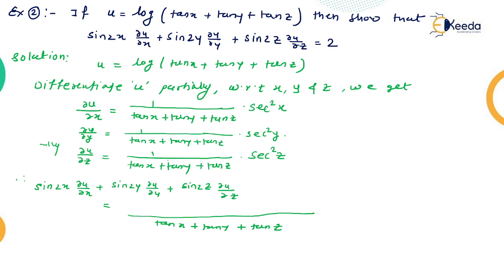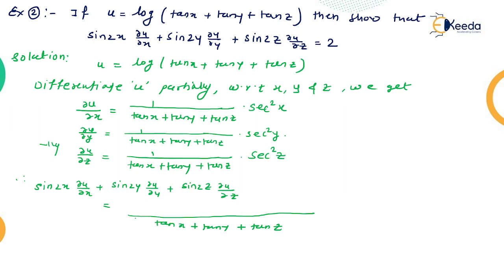We just multiply sec square x by sin 2x, that is sin 2x into ∂u/∂x, which involves sec square x.